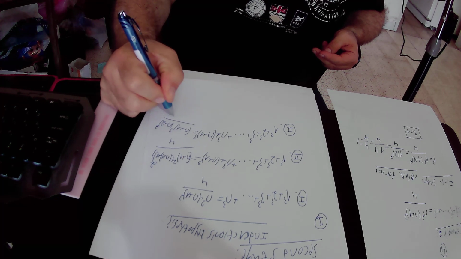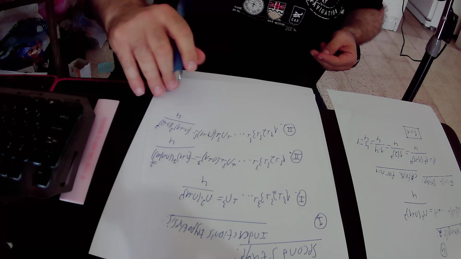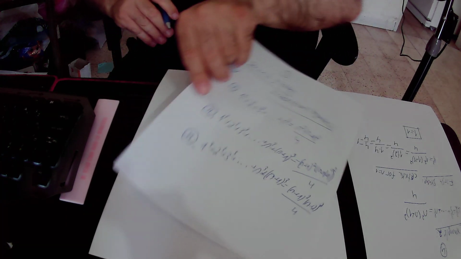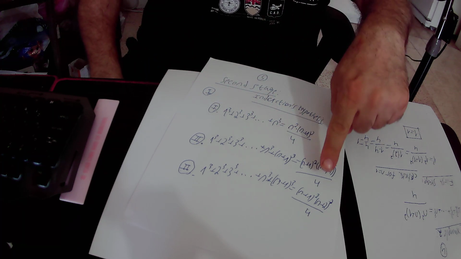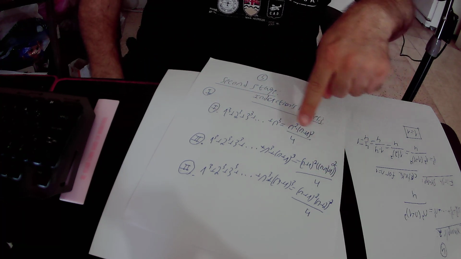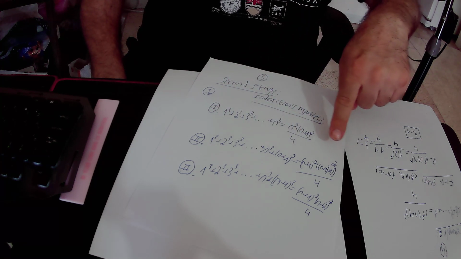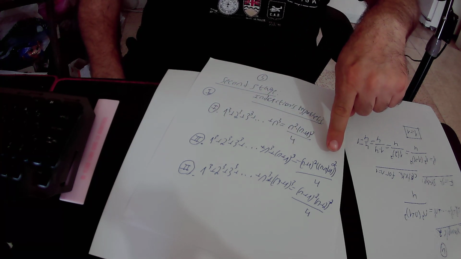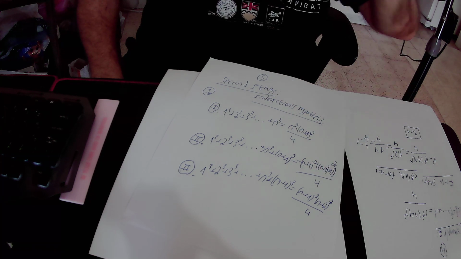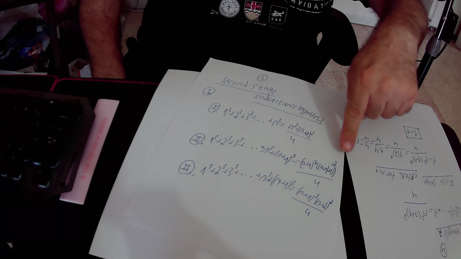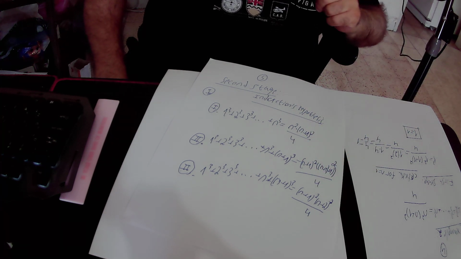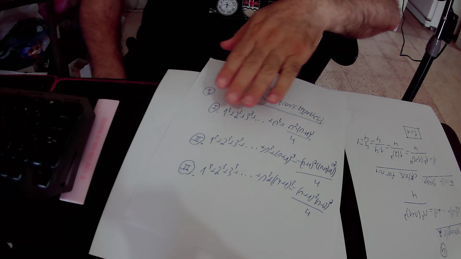all divided by 4. Okay, so here the only change that we did, if we compare it to this line, we wrote instead of n plus 1 plus 1 square, n plus 2 square. All the other things are exactly the same.